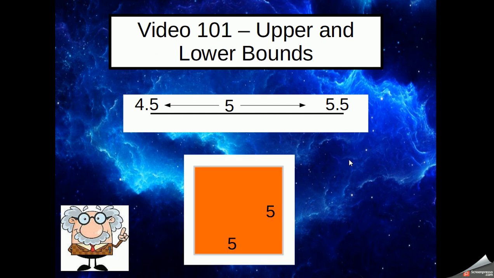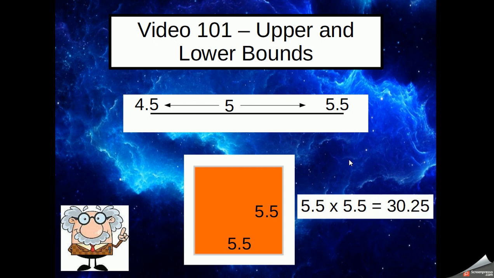Why this is important then is, for instance, if we've got a square here where the sides are 5 and we wanted to work out the area, we know that we multiply the width by the length to get the area. Now that square, although we're saying it could be 5 times 5, which is 25, if we say it's to the nearest centimeter, it could be 5.5 times 5.5, which when you work it out is a much bigger shape, 30.25, as compared to 5 times 5.